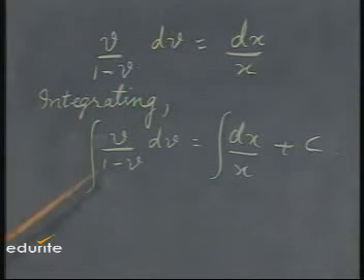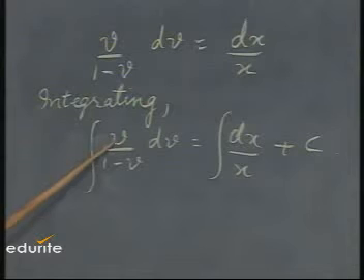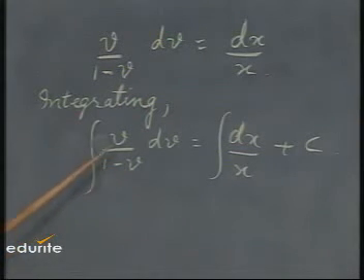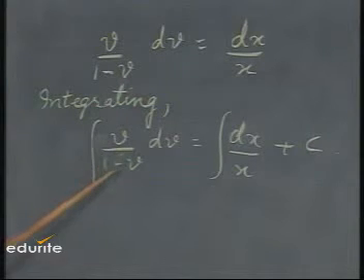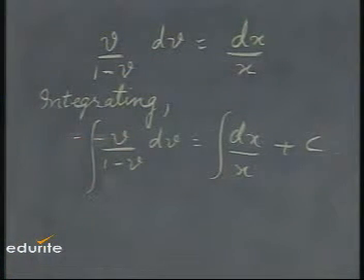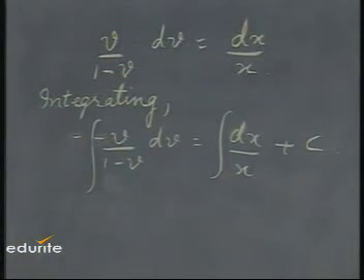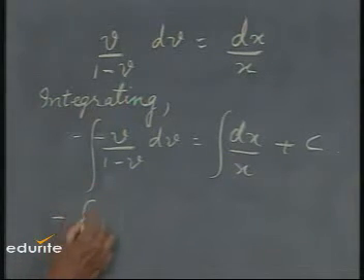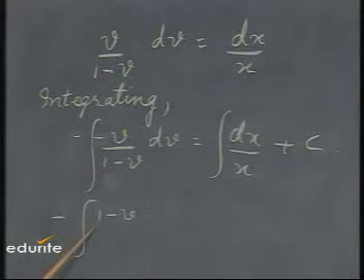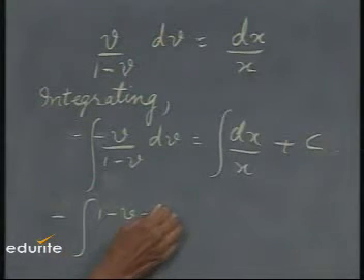Now to integrate, whenever the degree of the numerator, the variable in the numerator v, is the same as the degree of the variable in the denominator, in such a case we try to make the numerator in terms of the denominator. So first of all, we can multiply by minus into minus. There is no change in the expression, and we can rewrite this as 1 minus v. That means we have added 1. If you add 1, you should also subtract 1.